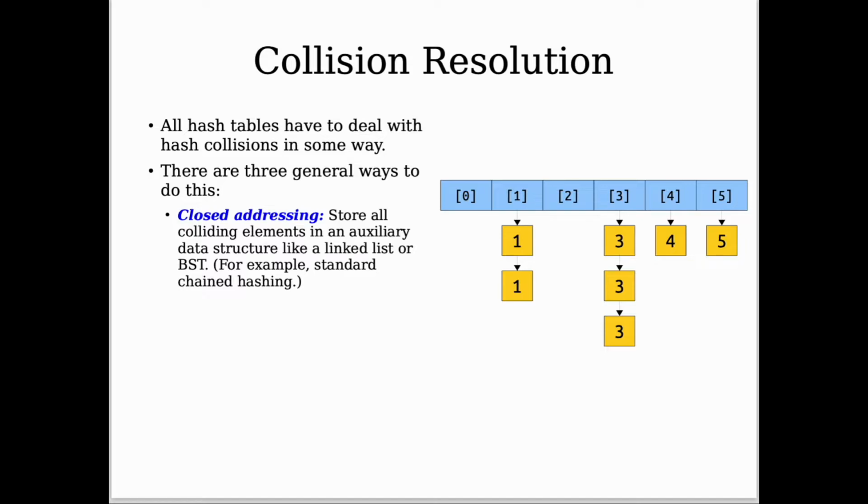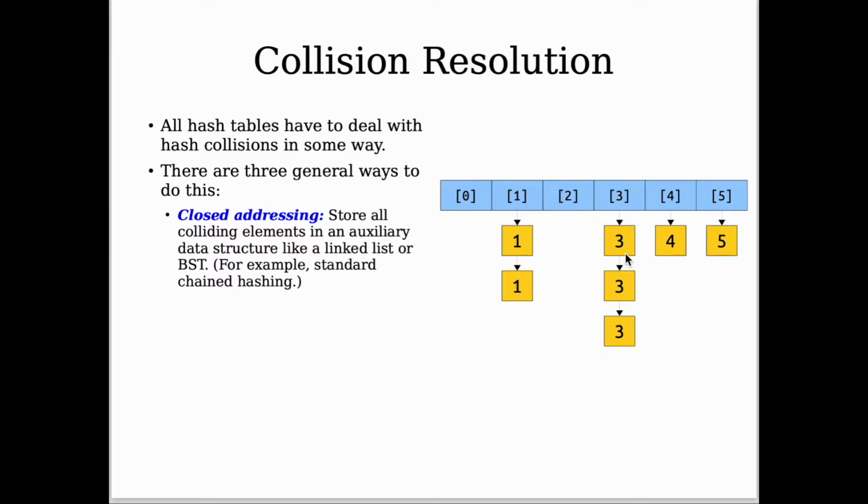So we discussed several ways how to deal with it. The first one is not to limit the space to m, but allow an external data structure to hold the data. One example is chaining, so using a linked list to store all the data hashed to a particular location into just one linked list.